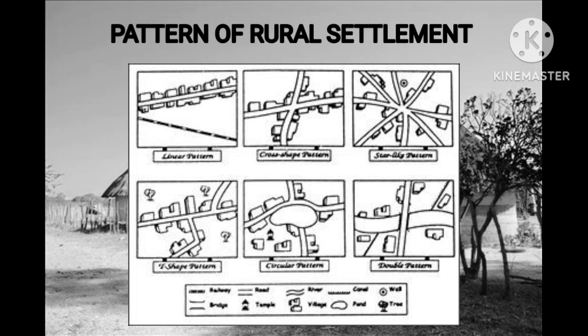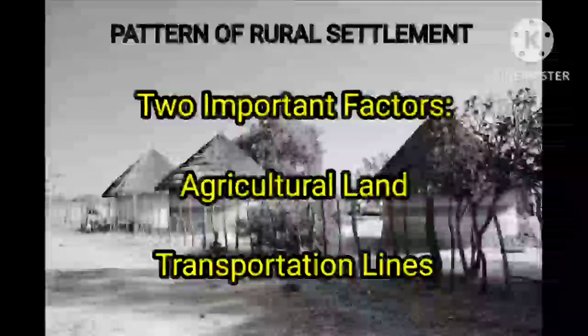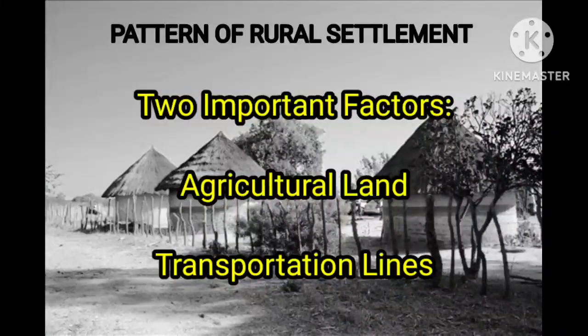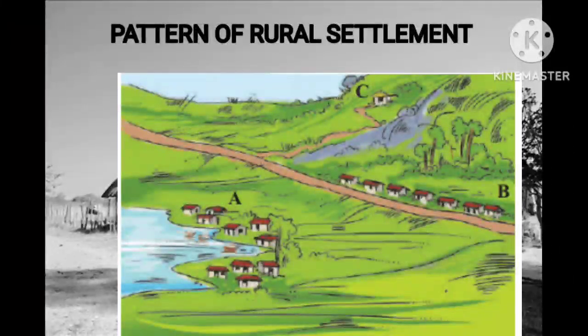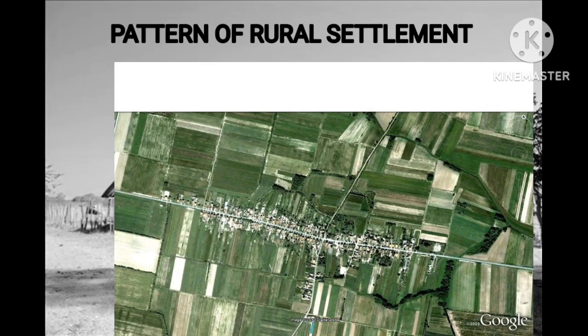When we were done with these types of settlements, we discussed that nucleated or compact settlement mostly depends on agricultural land. If there is a high concentration of agricultural land, then the population will be more over there. When we discussed linear settlement, we came to know that it is mostly dependent on transportation lines.